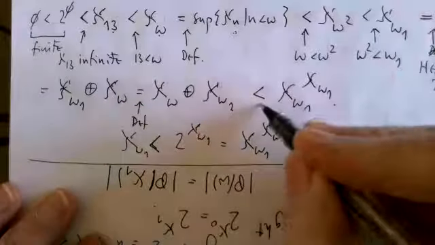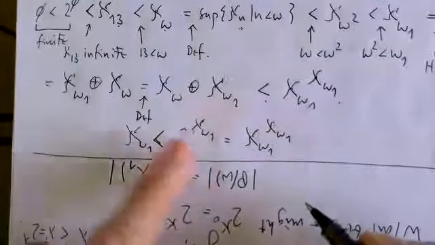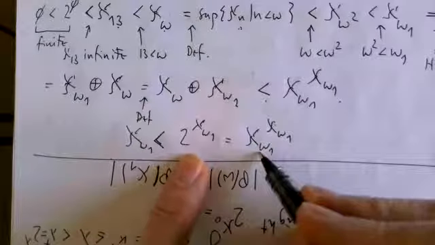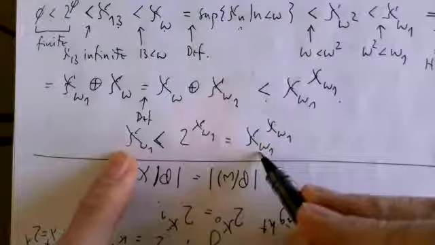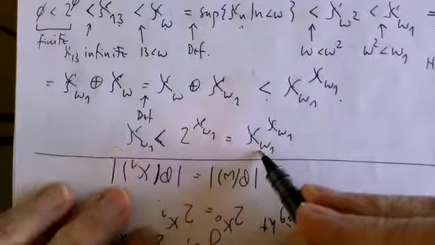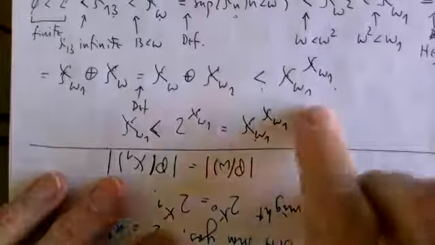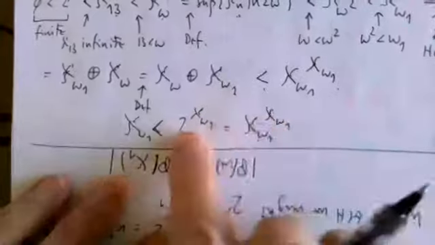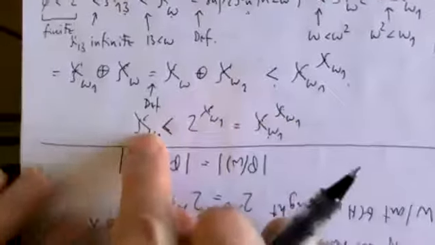And that's why that is going to be here, because although this is Aleph omega 1, 2 to the Aleph omega 1 is bigger than it. So I think as reason for this, I would say this equals this, and by Cantor it's bigger than that.